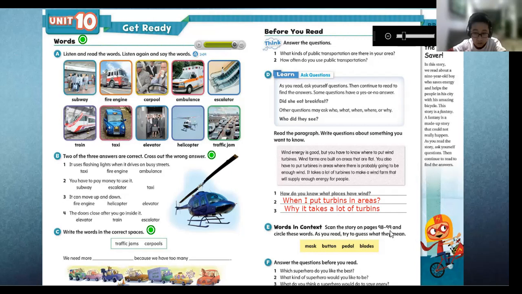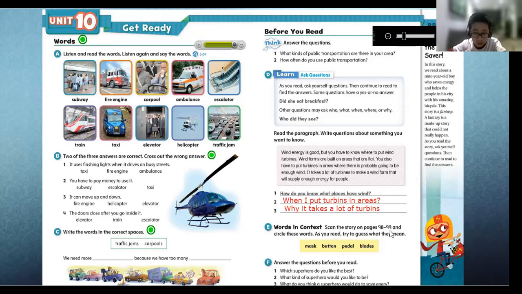Wind energy is good, but you have to know where to put the wind turbines. Wind farms are built in areas that are flat. You also have to put turbines in areas where there is probably going to be enough wind. It takes a lot of turbines to make a wind farm that will supply enough energy for people.